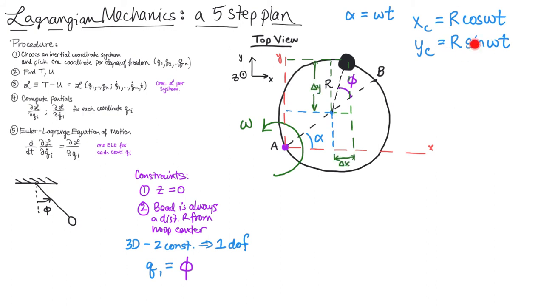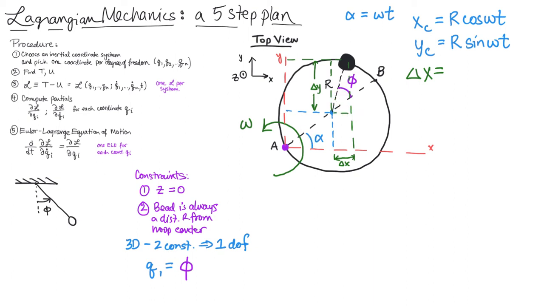So we can add to the center coordinates an incremental step in x and an incremental step in y that gets us from the hoop center out to our bead. And we can write that incremental step in x in the following way. Think of a triangle with a hypotenuse r, and the base is delta x. The angle of that triangle will be alpha plus phi.